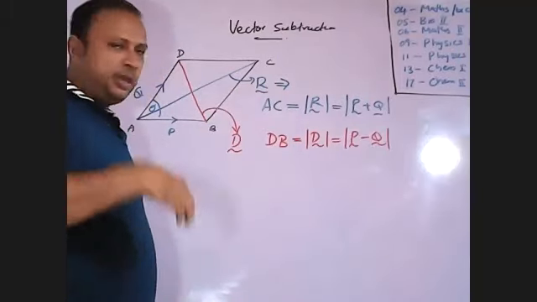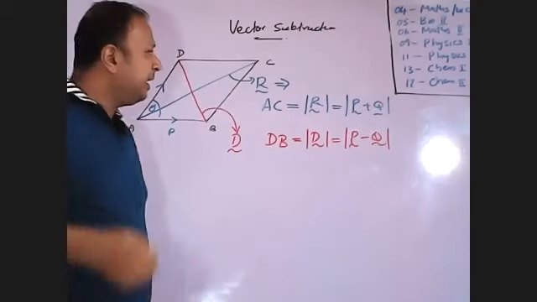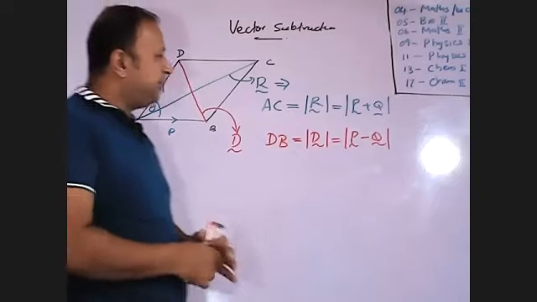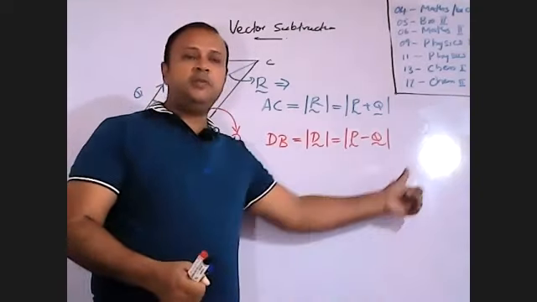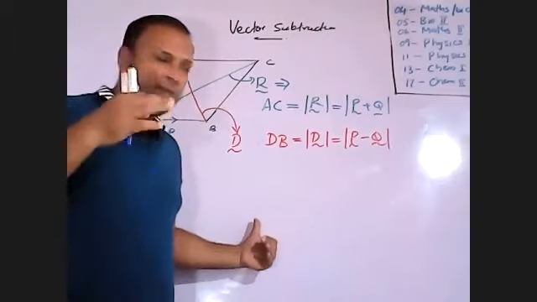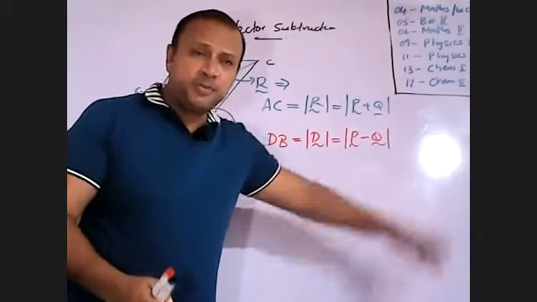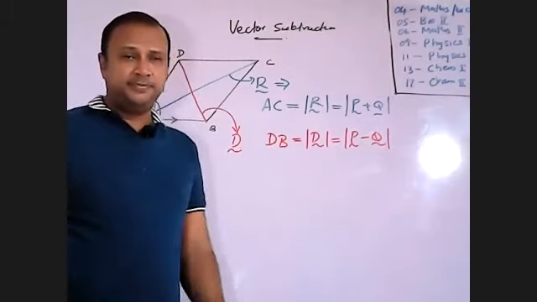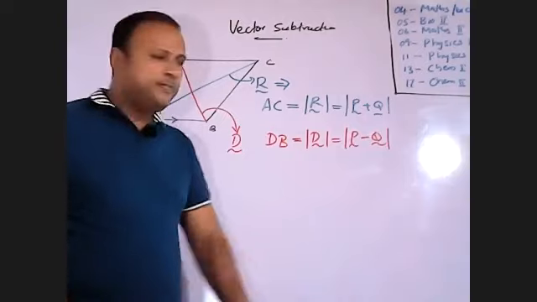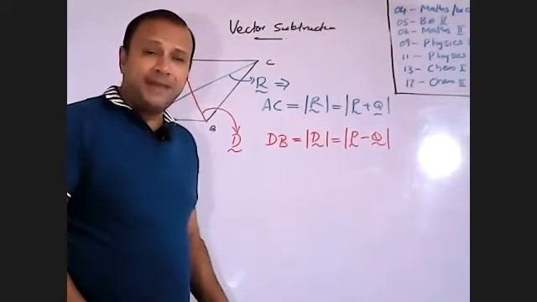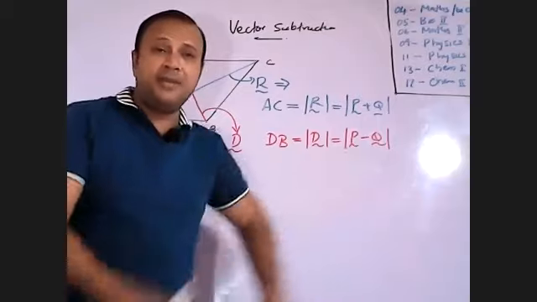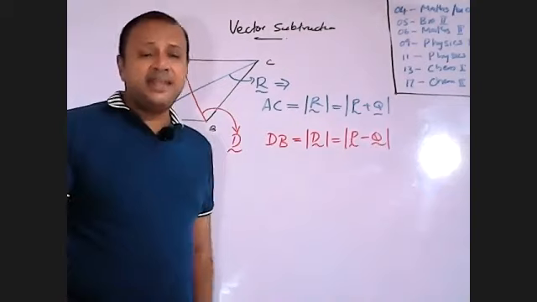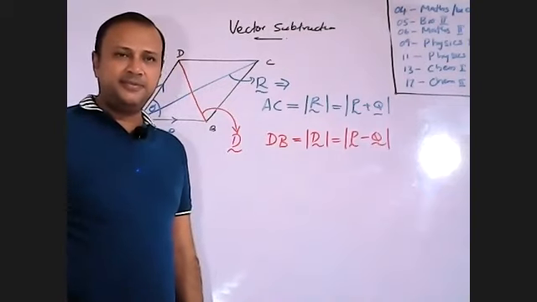If they say P plus Q is perpendicular to P minus Q, that means these two diagonals are perpendicular to each other. If you are given modulus of P plus Q is equal to modulus of P minus Q, that means those two diagonals are equal in length.